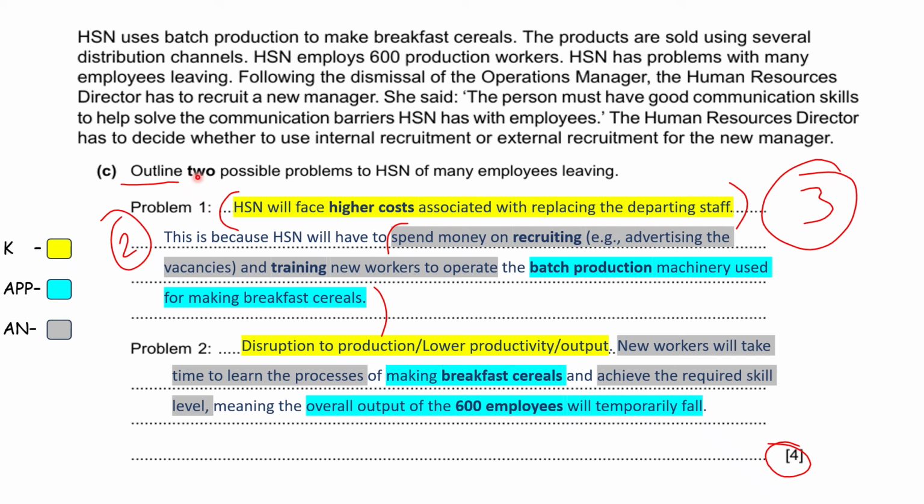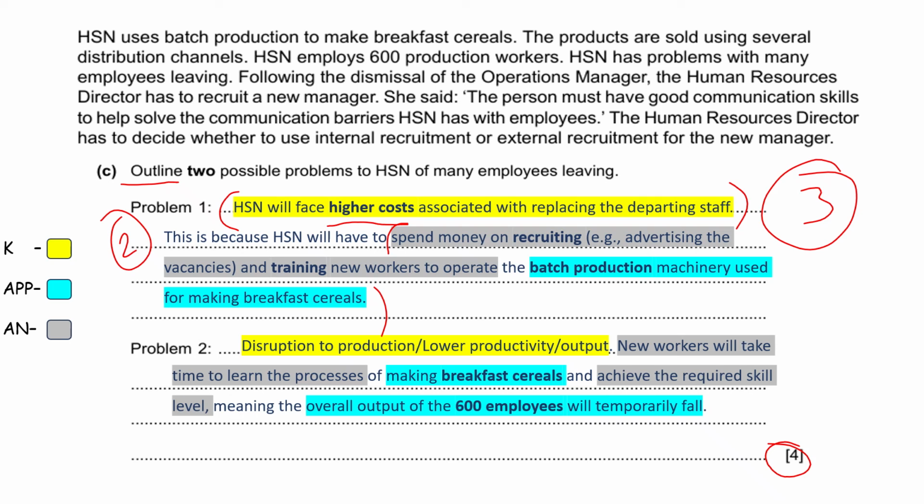The first problem that I have mentioned is HSN will face higher cost associated with replacing the departing staff. So the knowledge I have written here is higher cost. Now most of you just write high cost. I would request you to write the full sentence as HSN will face higher cost associated with replacing the departing staff.